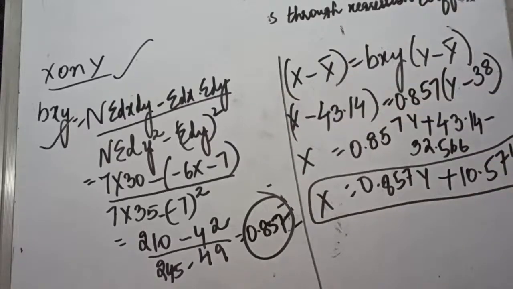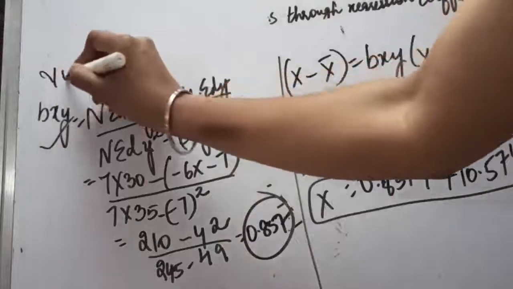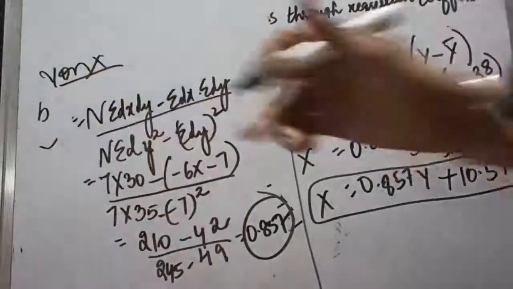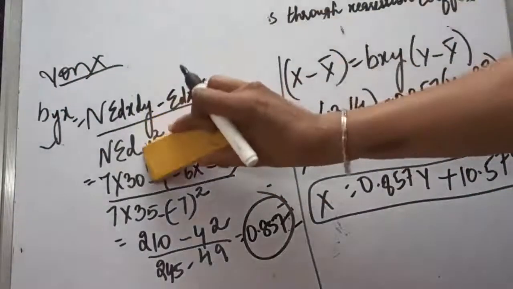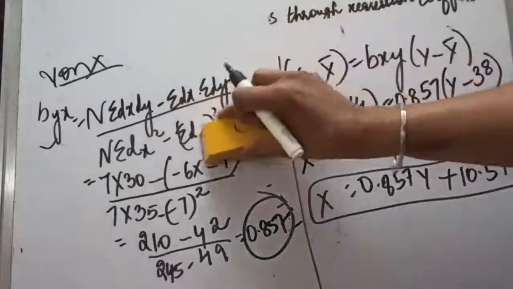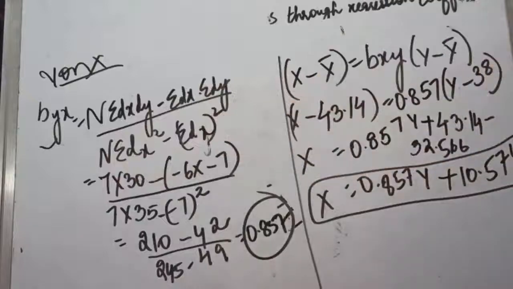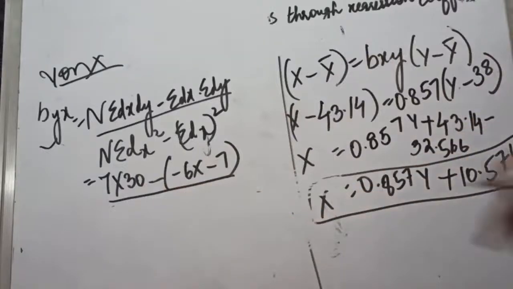If in the same question we have been told to calculate y on x, we will start with y on x, and here instead of bxy, we will be solving byx, and the formula will change here. In place of y, x will be replaced. So our numerator is going to be the same, but in the denominator the values will change because now we have replaced it with x.